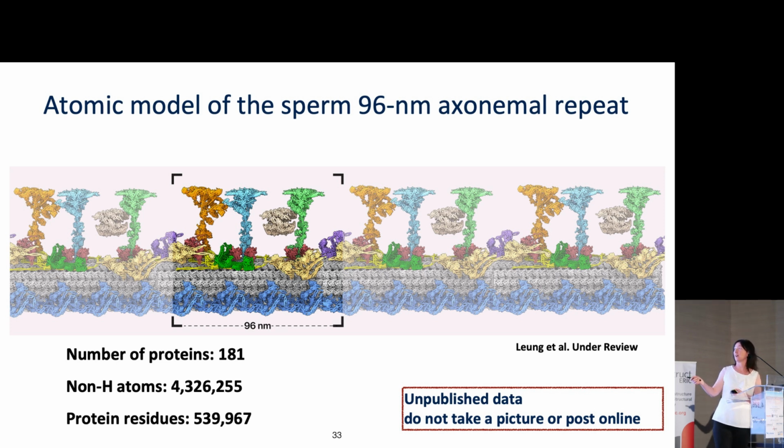Now I call it a unit cell. There are 181 proteins. Now we are at more than 4 million atoms in this model, and more than 500,000 protein residues. And I can tell you that the PDB didn't like us last year with our structure, and now I think they like us even less, because the deposition is not going smoothly, let's say.